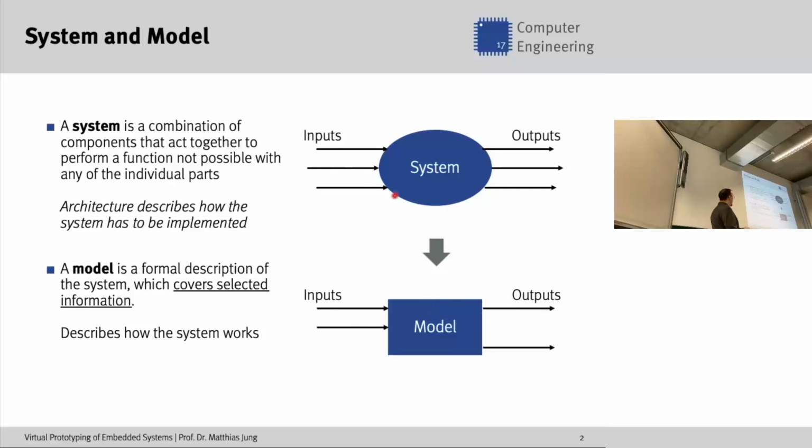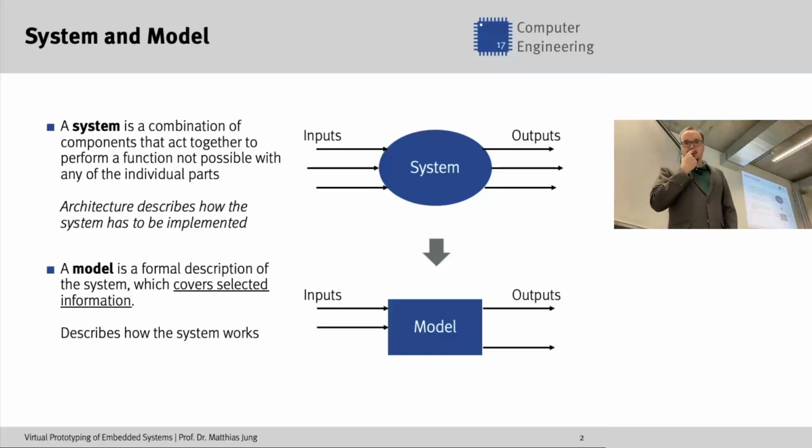Maybe some additional inputs are missing and some outputs are not really modeled, and maybe inside something is more abstract. This model describes the behavior of the system, and this is very important: it cannot cover all the aspects of the real system.